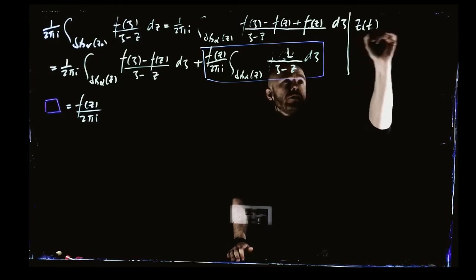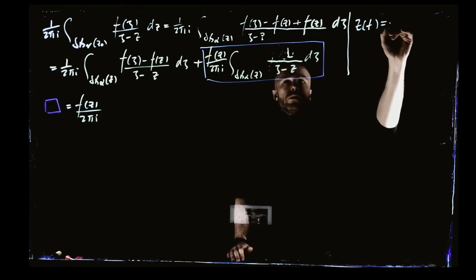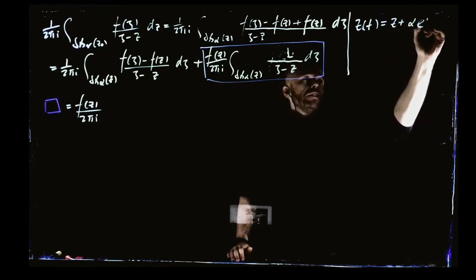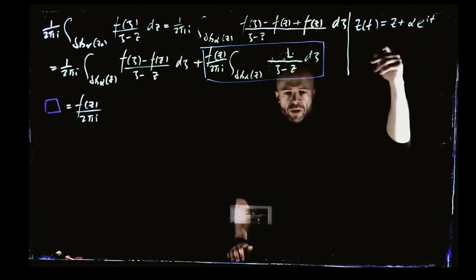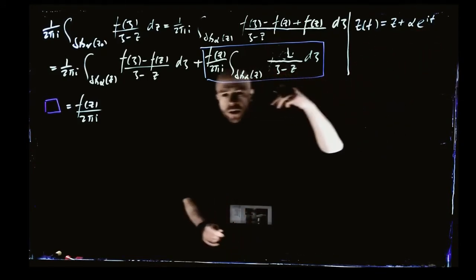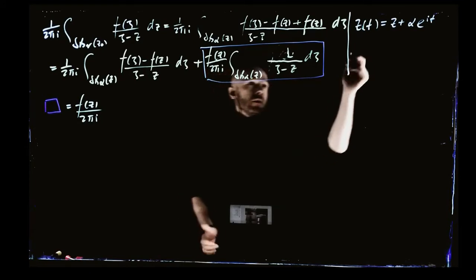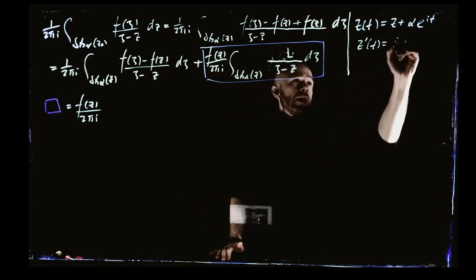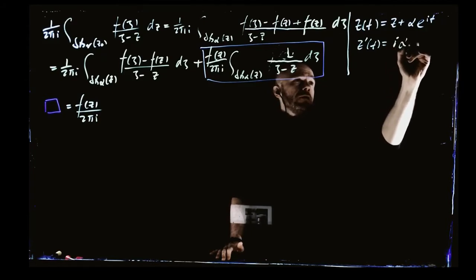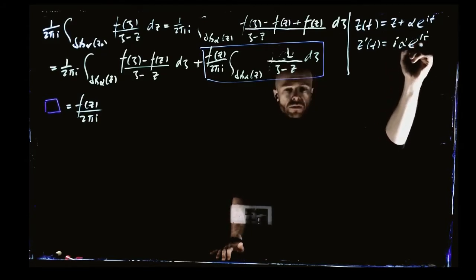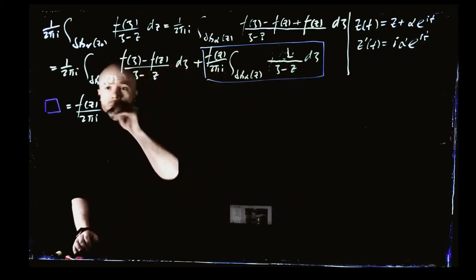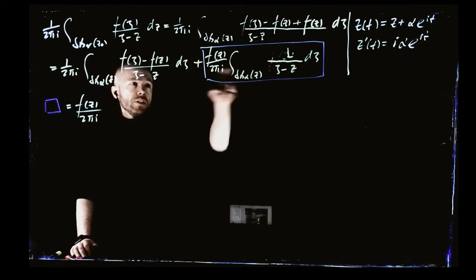Let's just take z of t to be equal to z plus alpha e to the it. That's a nice parameterization of the ball of radius alpha around z, yeah? And what is z prime? That is equal to i times alpha e to the it. Yeah? Cool.